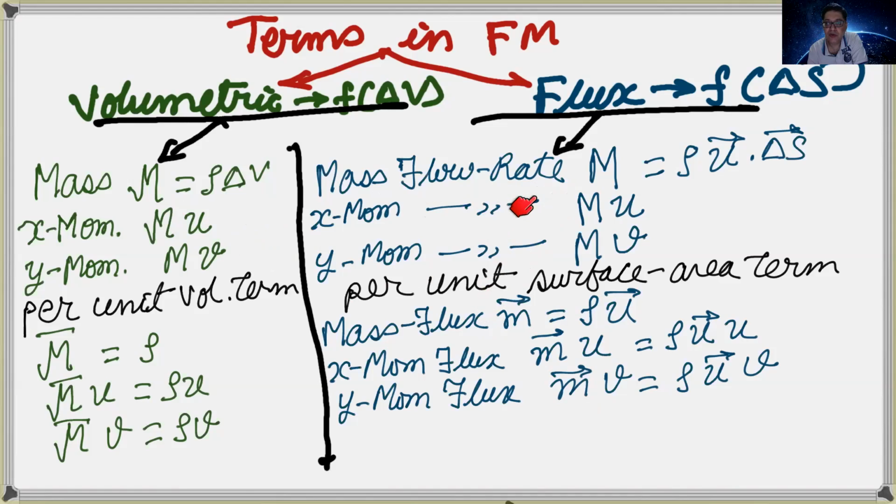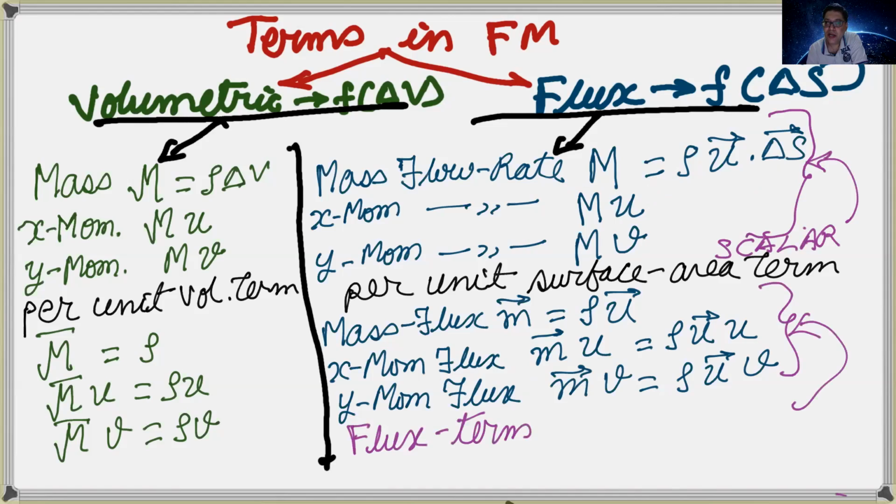So the mass flow rate is expressed as a dot product of the m vector with the surface area vector. The x momentum flux is m vector times u, and the y momentum flux is m vector times v.